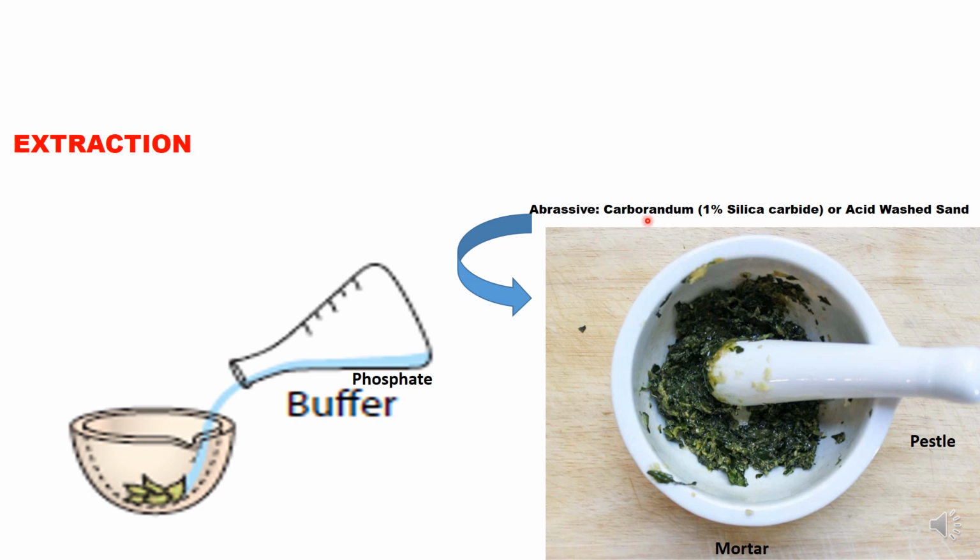Sometimes carborundum powder is dusted before the inoculation, but there is an issue of inhalation of the carborundum. So it is recommended to add 1% silica carbide while you are crushing the plant material to get the virus.